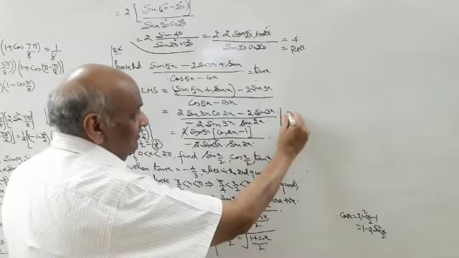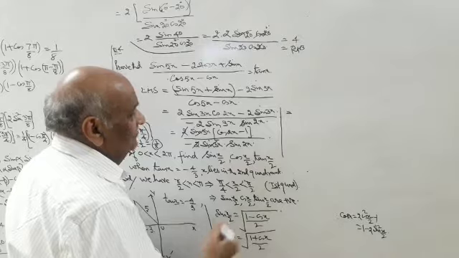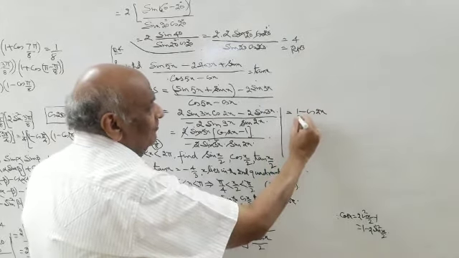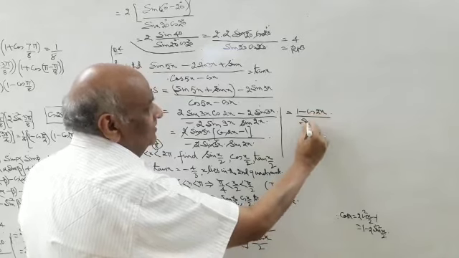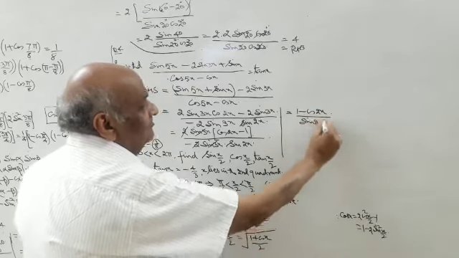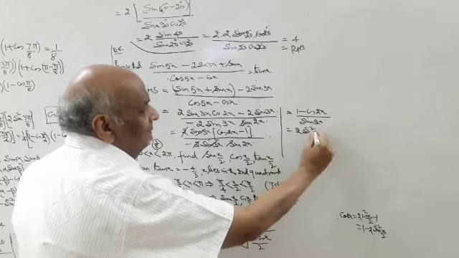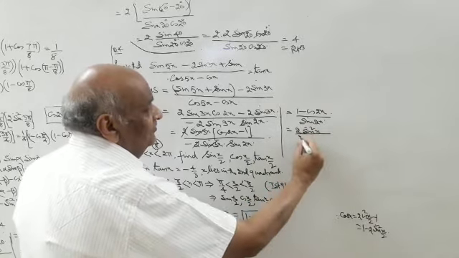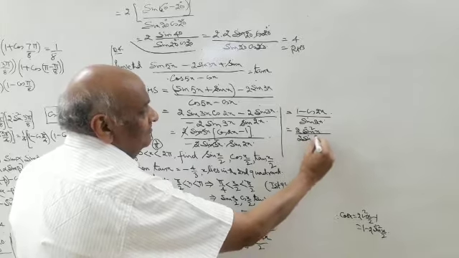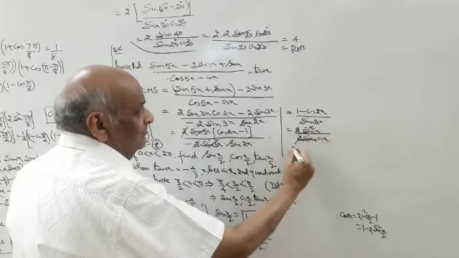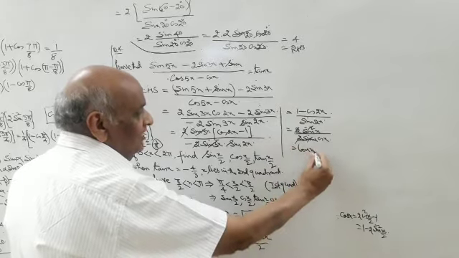So this is from here, please check out. It is 1 minus cos 2x upon sine 2x. This much is left. It is 2 sine square x upon 2 sine x cos x. Now this again 2 will go, sine will go. The value is equal to tan x.